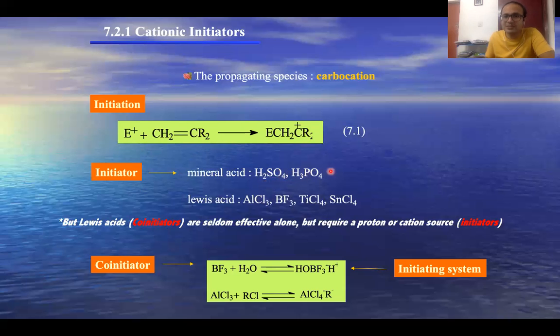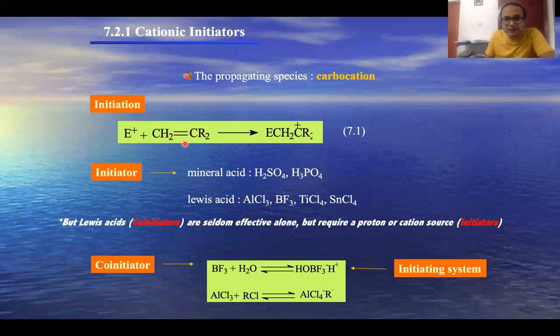Similarly, when H+ from phosphoric acid is activating the monomer, the counterion would be H2PO4-. So depending upon the initiator that you are using, the counterions are so generated.